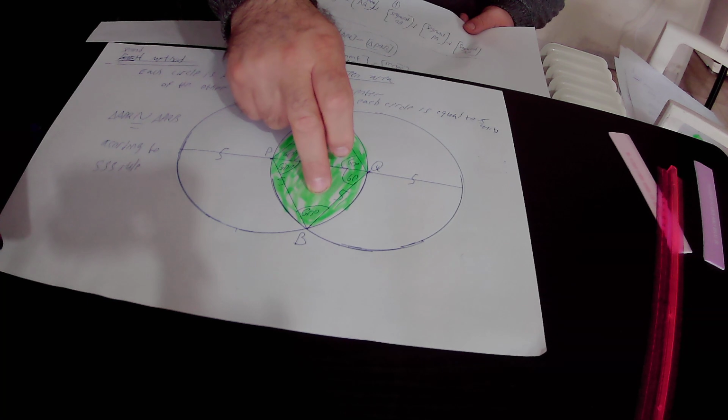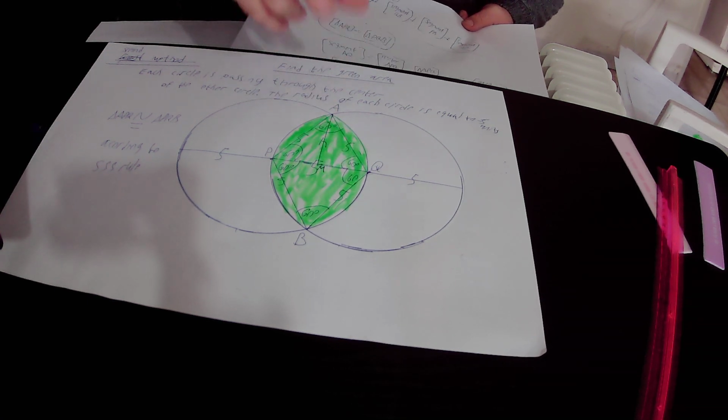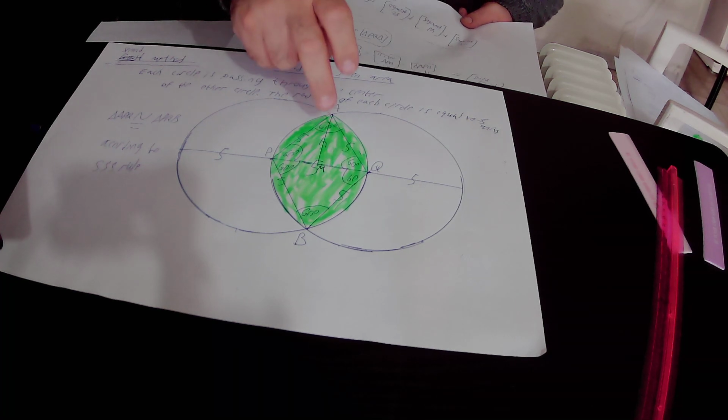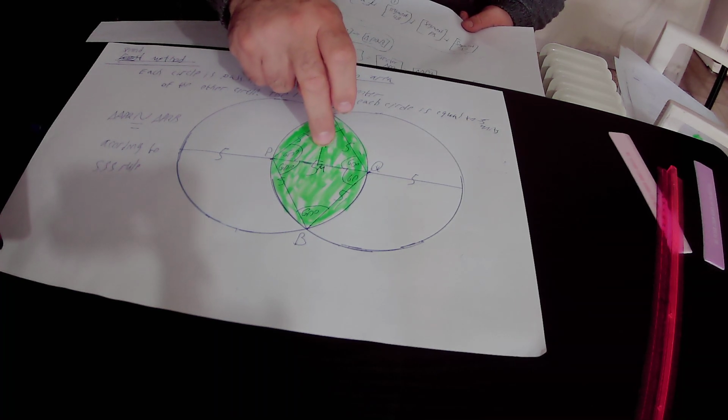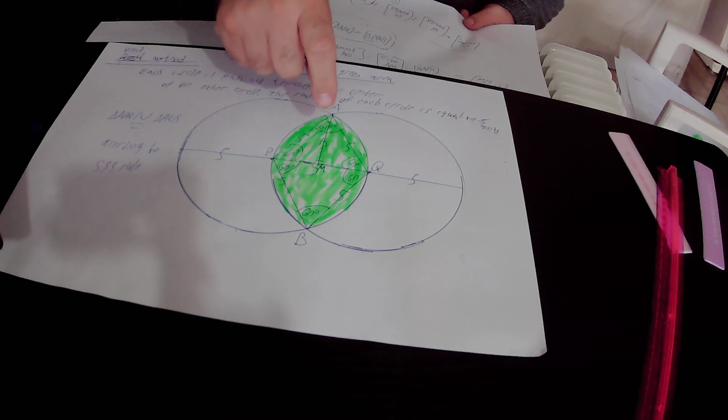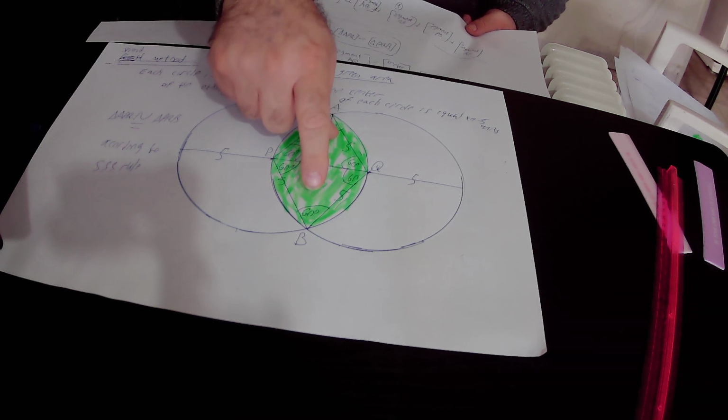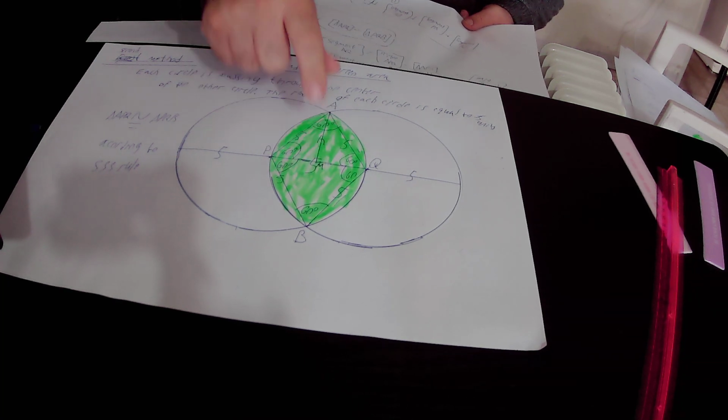Because those two equilateral triangles can go into each other, they also have the same areas. So we can calculate the area of one triangle and multiply it by 2, and in this way we will get the area of those two triangles.